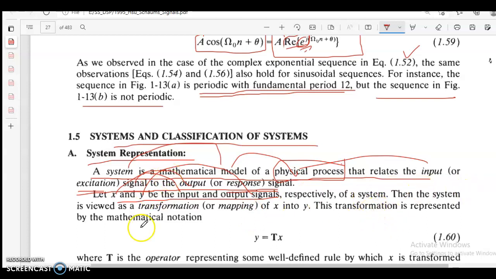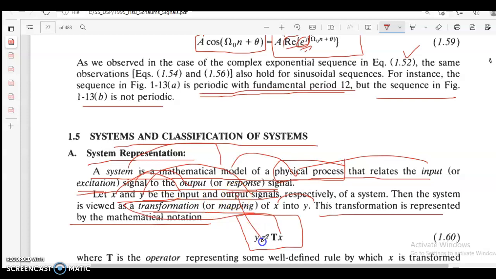Then the system is viewed as a transformation or mapping of x into y. This is the system; that box is the system.